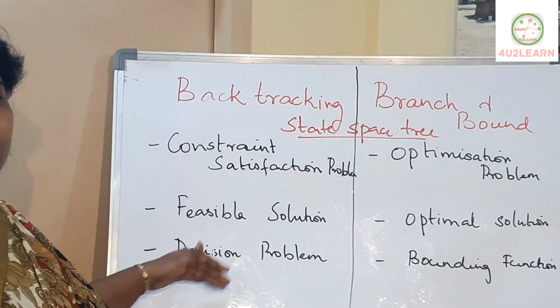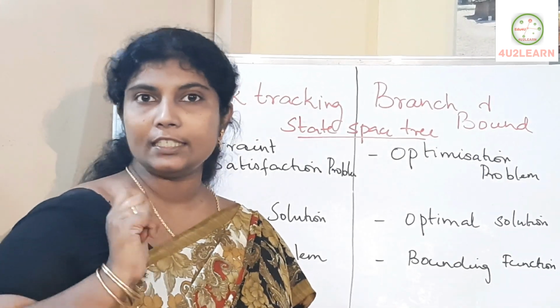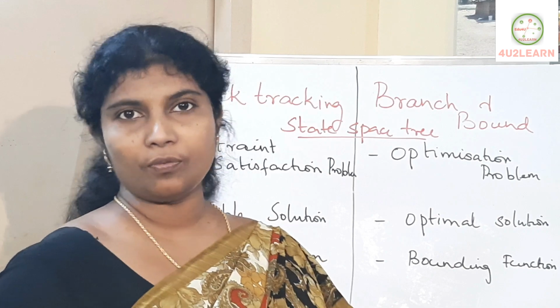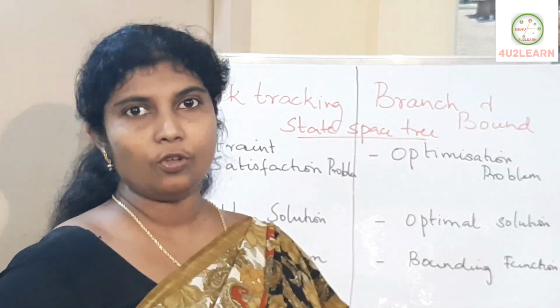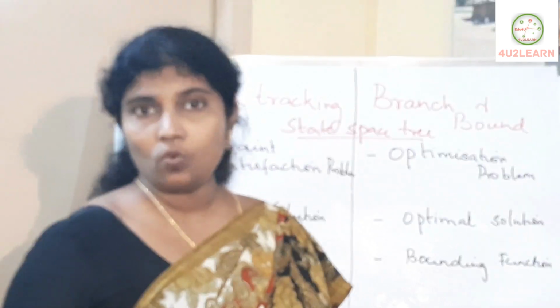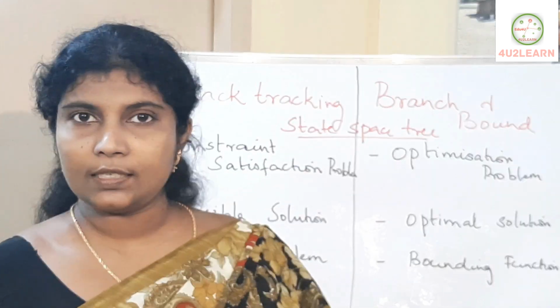In the case of backtracking, it is the decision whether this is the correct path for getting the solution or not. If it is the correct route in which we are traversing, then it will give a solution.